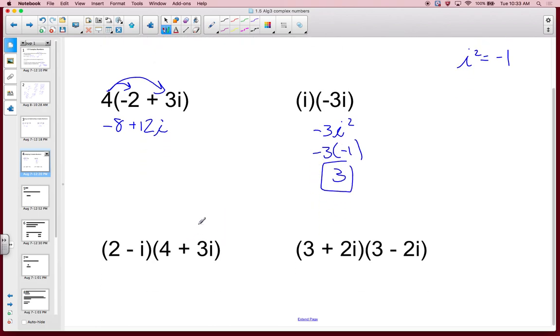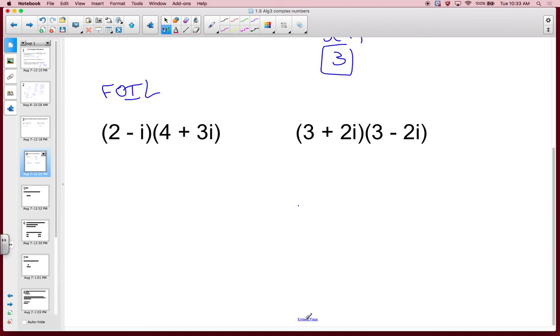So this is really a -3 times a -1, which is a 3. There we go. This one here, when we have two binomials, we FOIL, right, to make sure we multiply everything out. So when I FOIL this, first, 2 times 4, outer, 2 times 3 is a 6i, inner is a -4i, and last is a -3i squared.